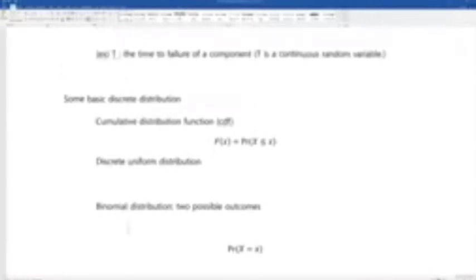Here this x is a random variable for the number of, in this case, number of successes.